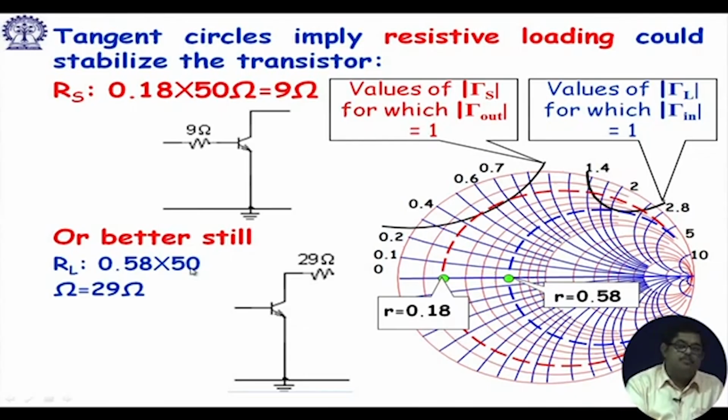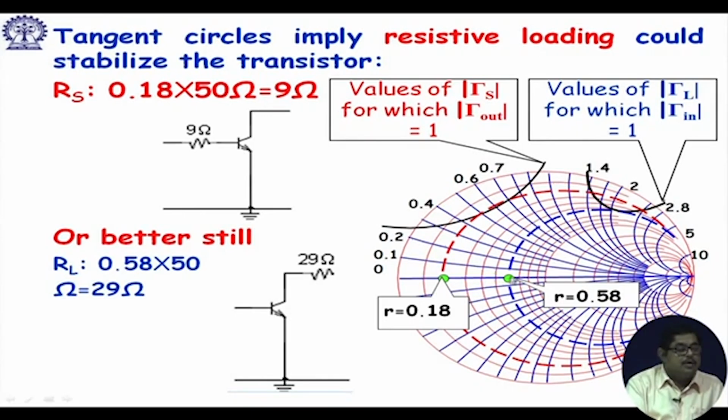With a 50 ohm characteristic impedance, the value is 9 ohm. So on the source side, at the base of the transistor, I can add a 9 ohm resistance.